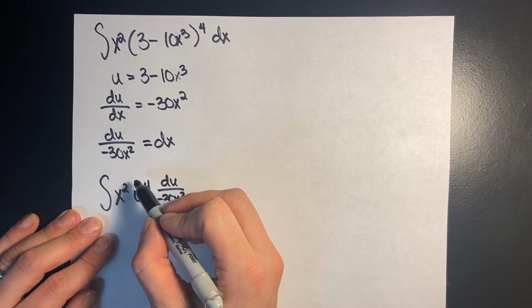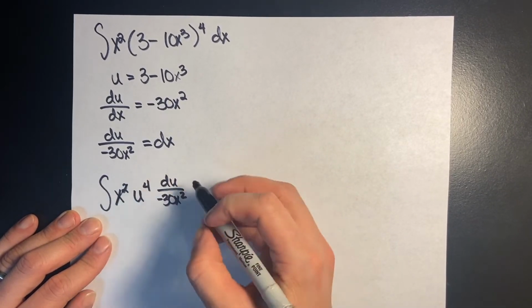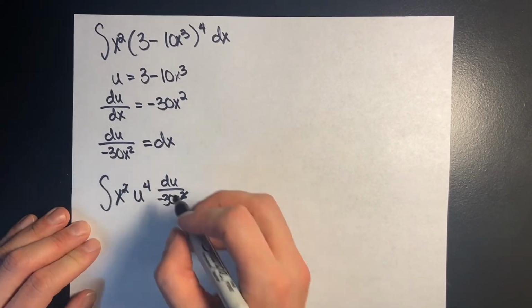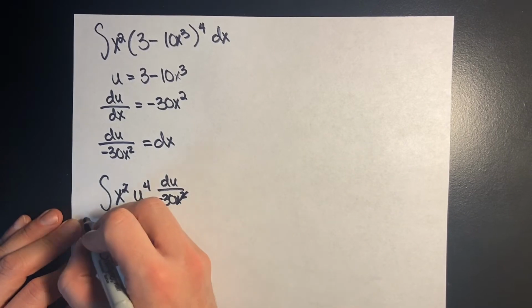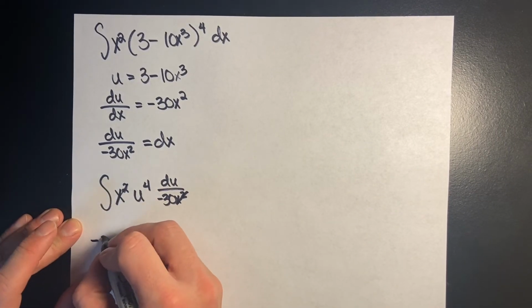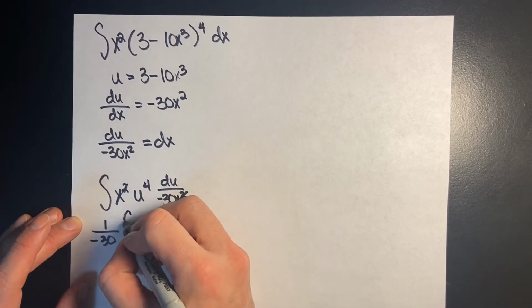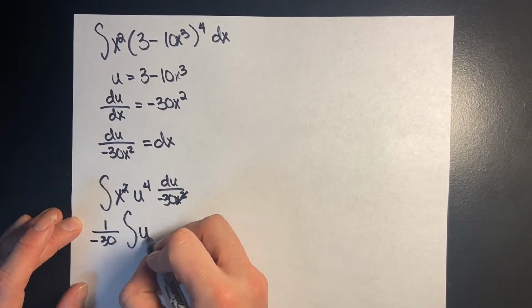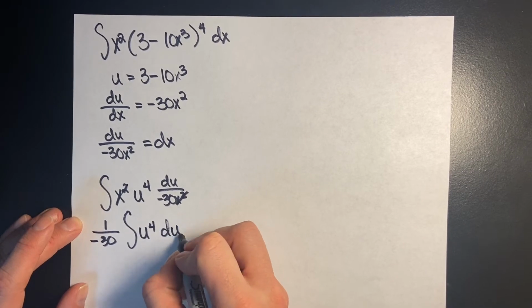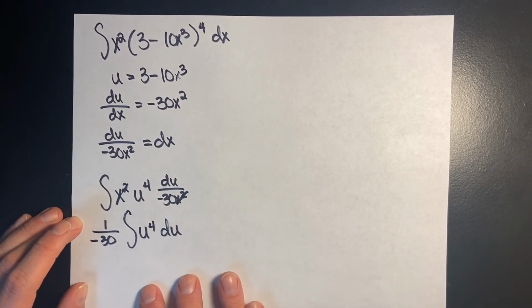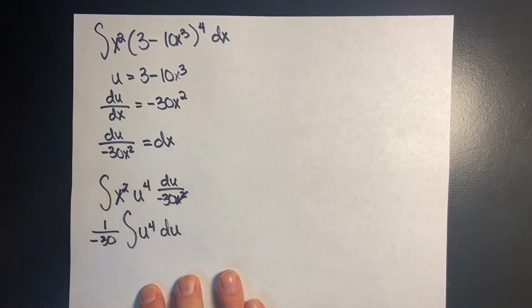I have an x squared on top here, I have an x squared on the bottom there. Those two cancel out. If I wanted to, I can bring that negative 30 that lives in the denominator to the front of the whole thing, then write out the integral and say the integral of u to the 4th du.